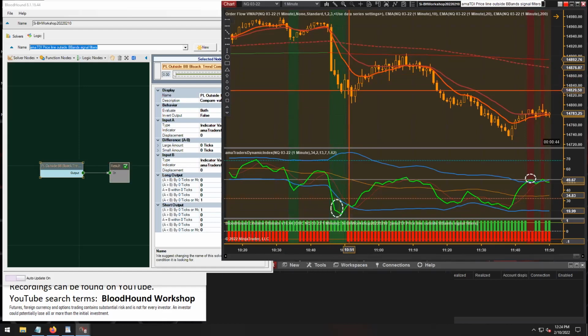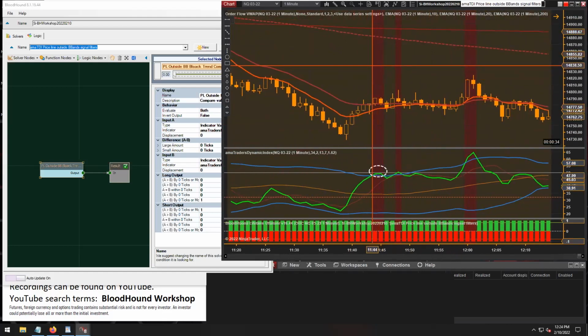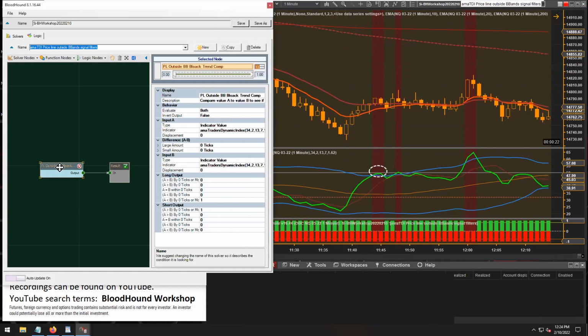But when we see the brown area, then both long and shorts are allowed. And over here, when the racing stripes are red only, that means no long signals would be allowed.